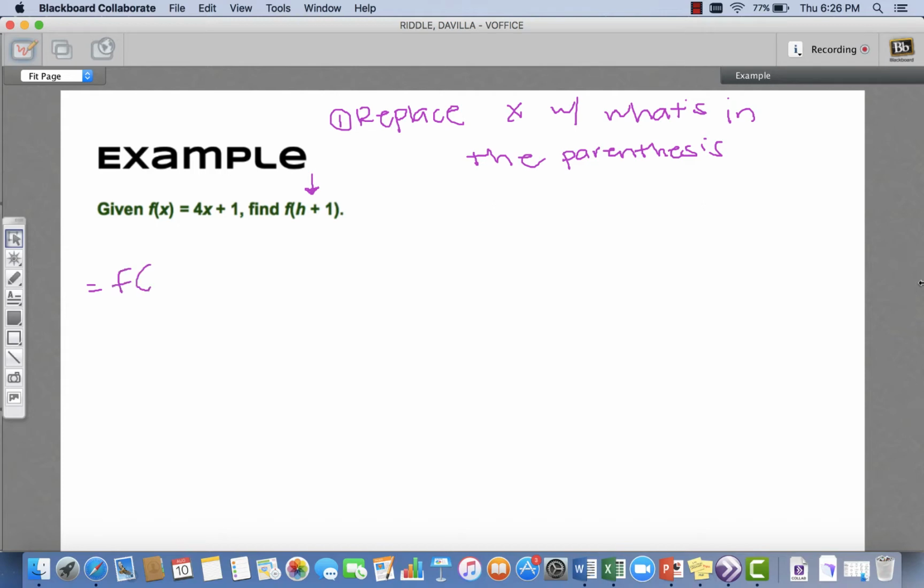So f of h plus 1 is equal to 4 times h plus 1, plus 1. And when you do that, you distribute the 4 to both the 1 and the h. So it becomes 4h plus 4 plus 1, which is, what's our final answer?